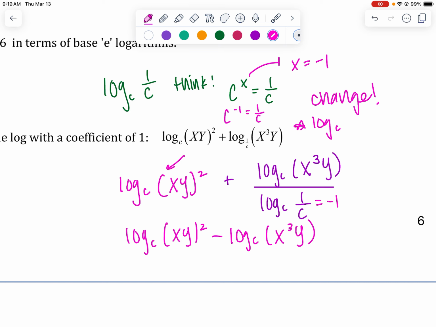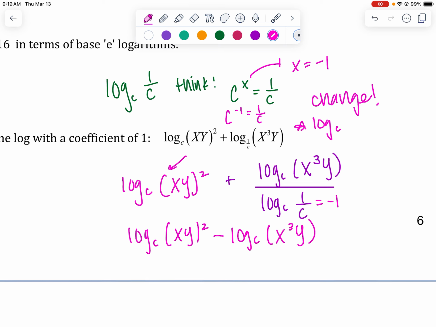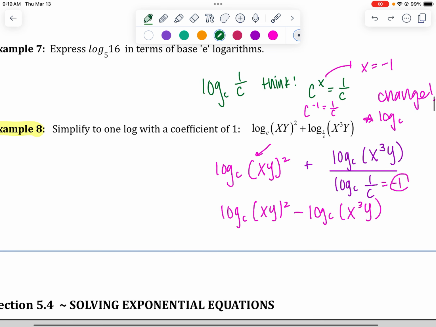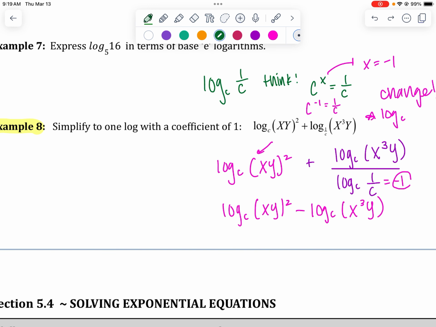And now we have something that we can go ahead and work with, right? This all just becomes negative 1 on the bottom. And then the positive becomes the negative over here. All right, so now this is something that I can work with. I have a subtraction, so that means I'm going to rewrite it into 1 log, where I have xy squared on top all over x cubed y.